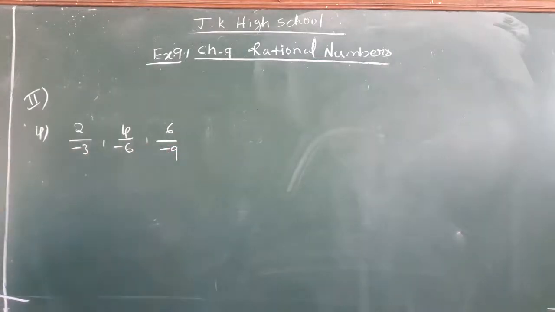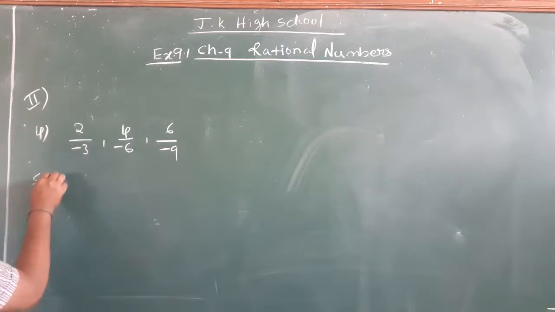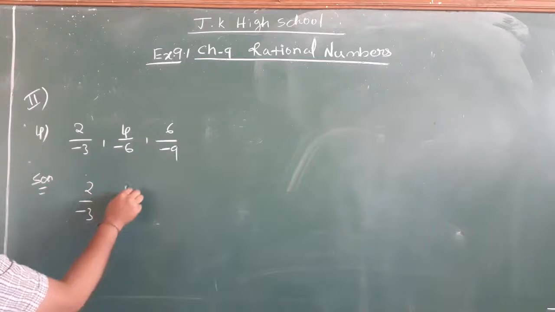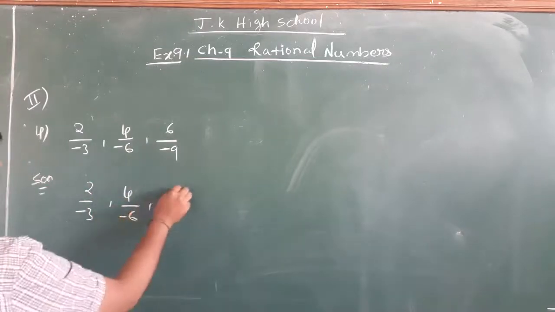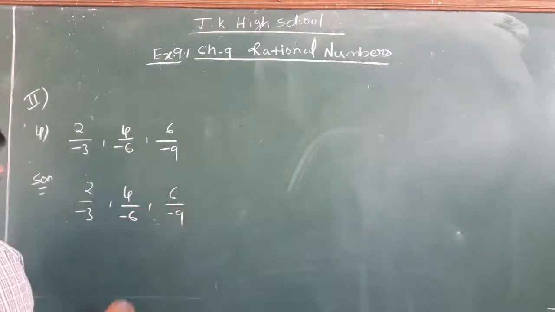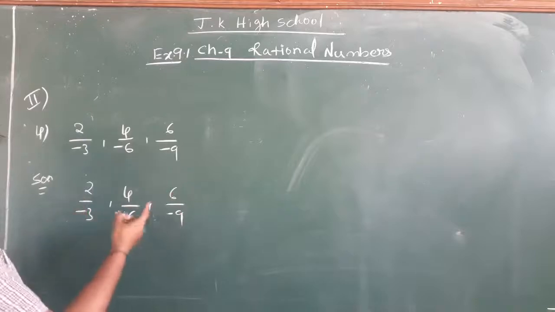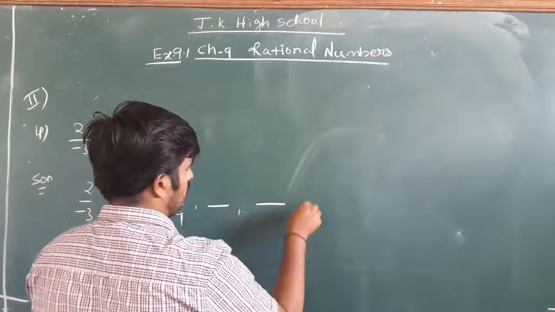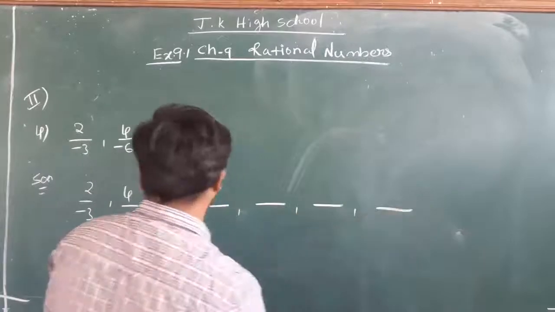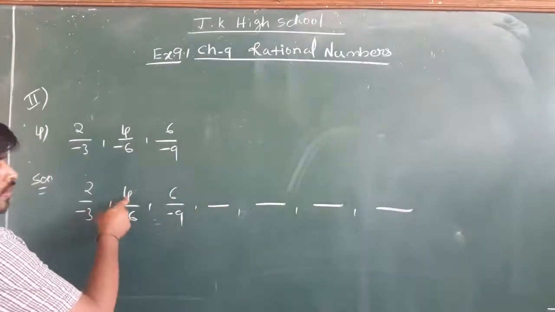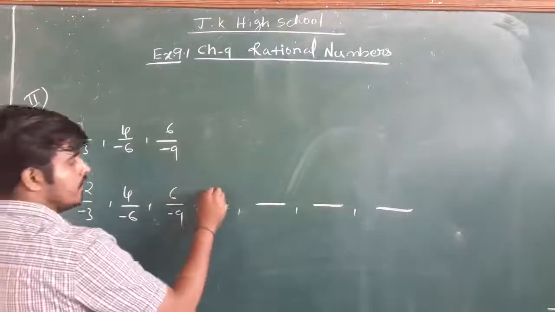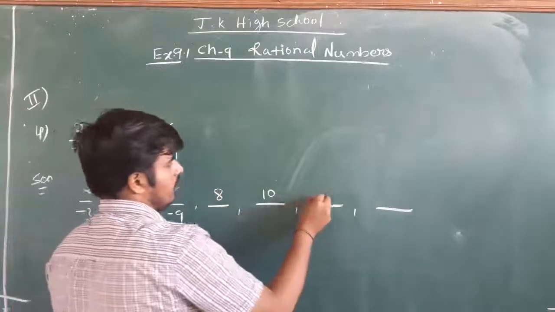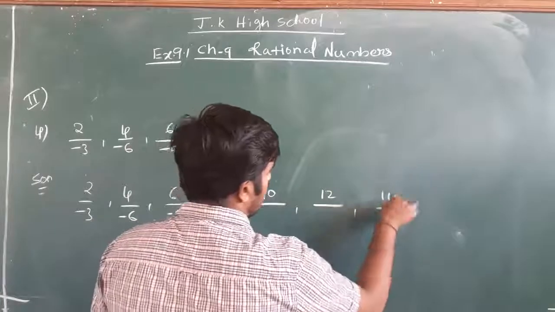So what you have to do? Solution. Look, 2 by minus 3, 4 by minus 6, 6 by minus 9. The 2 table is running in the numerator. Two twos are 4, 2 threes are 6, 2 fours are 8, 2 fives are 10, 2 sixes are 12, 2 sevens are 14.